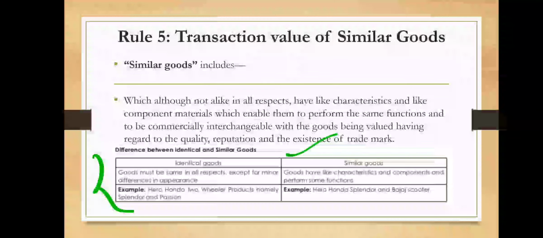When it comes to similar goods, as I said, the characteristics, nature and components perform the same functions. For example, Hero Honda Splendor and a Bajaj scooter.